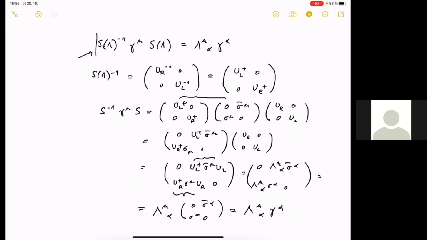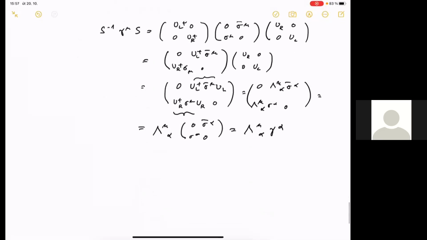So this relation is satisfied. And now we are prepared to try to transform the Dirac equation in the gamma matrix form. Let us remind you that the Dirac equation looks like this, acting on psi is 0. So let us now calculate (i gamma mu d primed mu minus m) acting on psi primed.